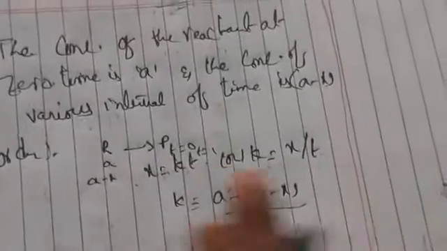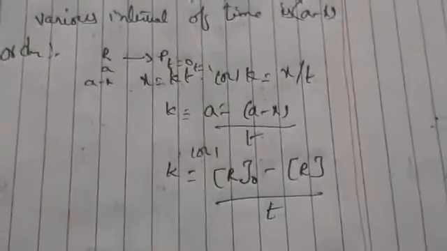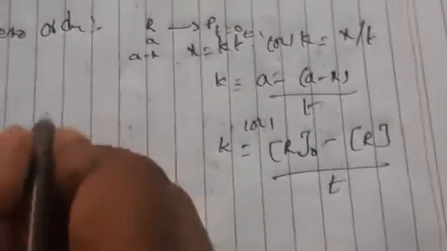If you are not considering any initial concentration, then K is equal to R naught minus R by t. If you have observed the derivation of the zero order reaction, these are the expressions we are going to get here. Okay, so generally for zero order, what will be the graph we are having?